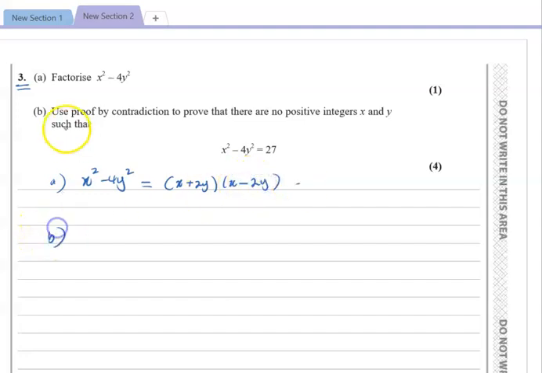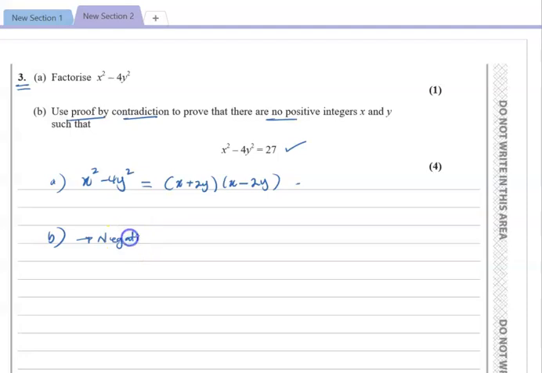Part B, they're asking us to use proof by contradiction to prove that there are no positive integers for this equation. The first step is to get the negation.